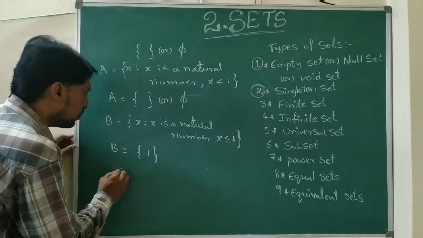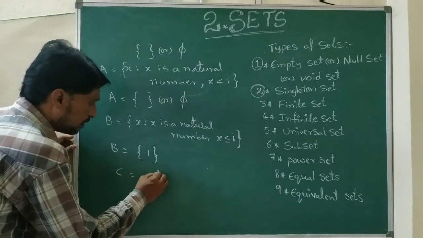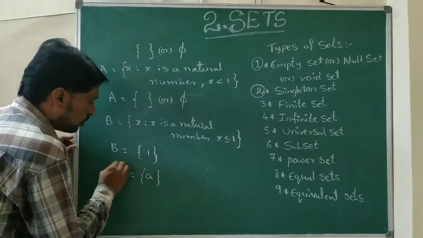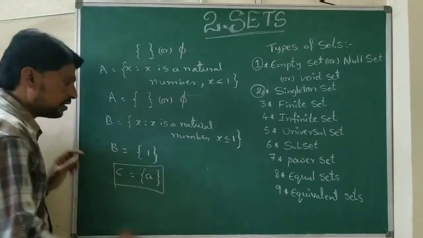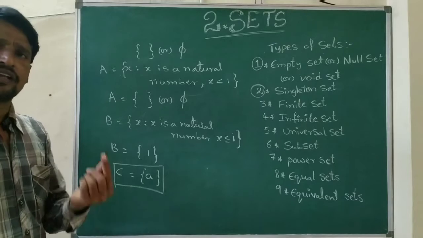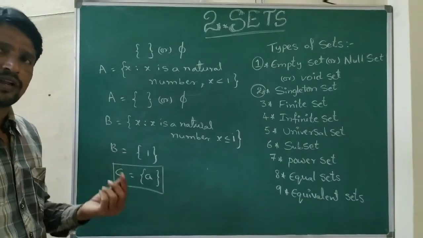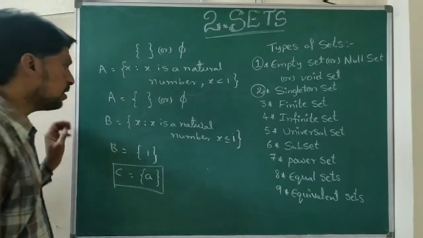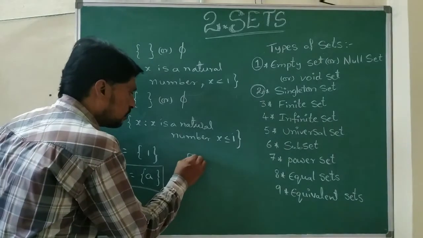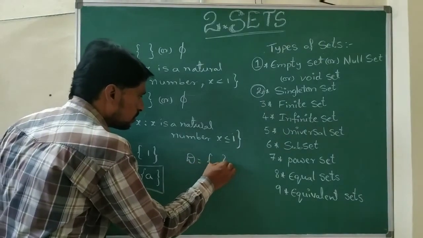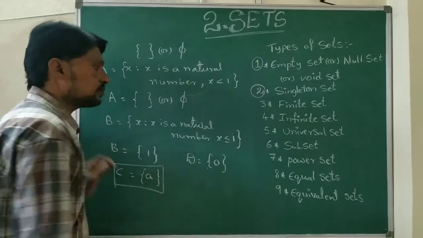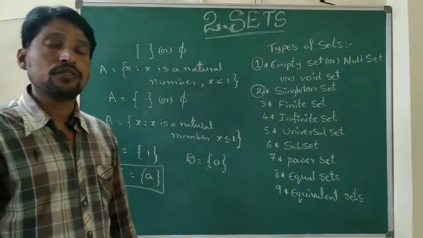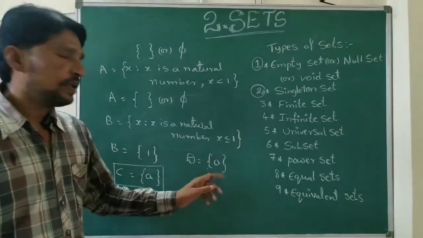One more example, C equals {a}. How many elements are there in this? Only one element, that is a. One more, D equals {0}.